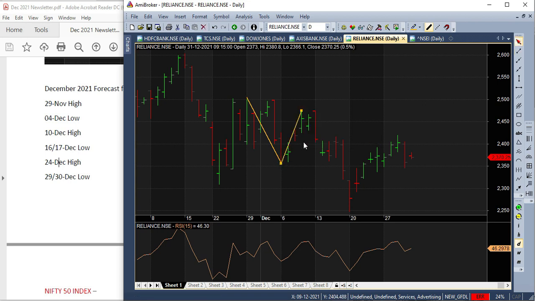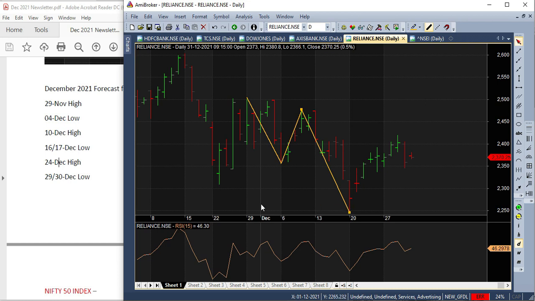Then what we forecasted is 16th or 17th December will be the low. So this is 17th, and then we have a weekend over here, so we can take 20th of December as the low.